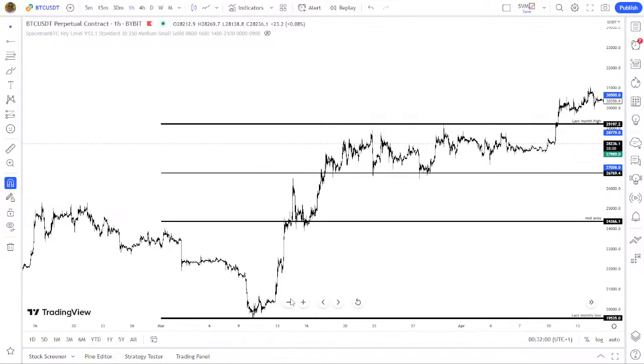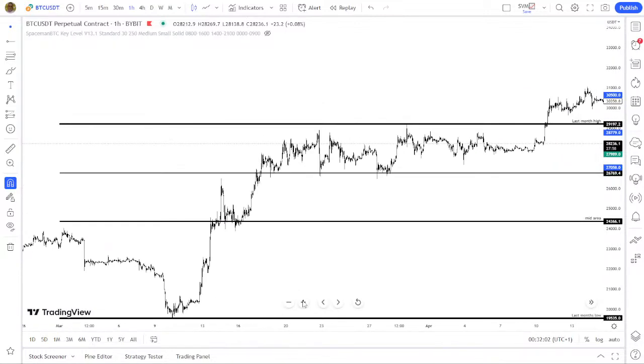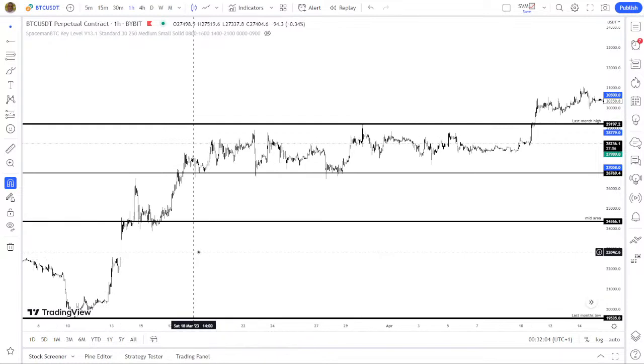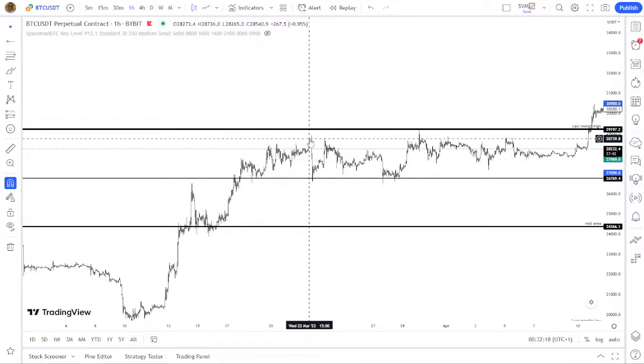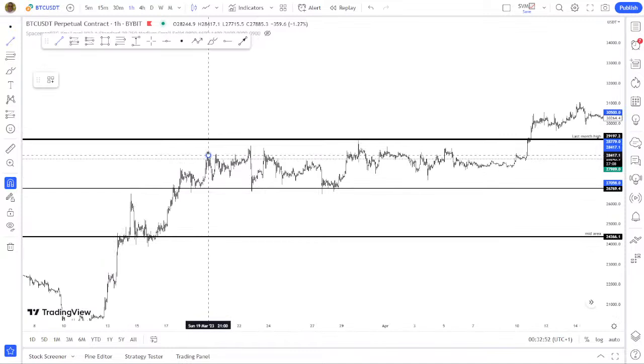This is what I mean when I say price has to respect your levels. You don't just draw levels anywhere. So it came to test it, came down, broke out of it, automatically making that resistance next. It came to retest it as support before pushing up, and came around this area.